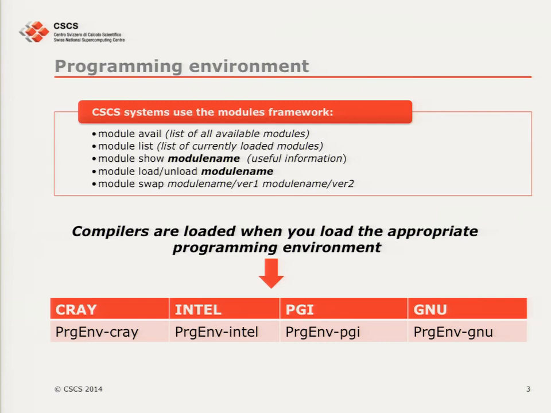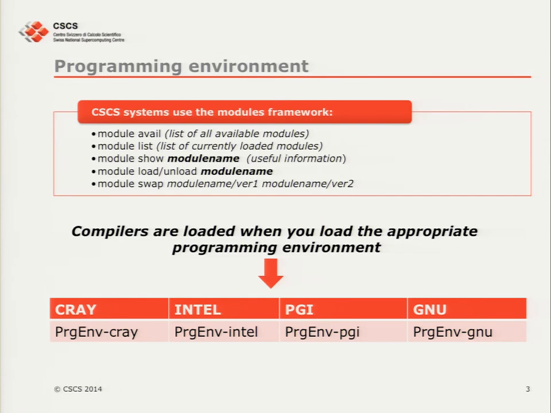Module list is also very useful because it tells you exactly what is loaded once you log in. On 30 and on Daint, the programming environment Cray is default, so that will be loaded. But that's not the case on all of our machines. So once you log in, do a module list and see what environments are available for you by default.